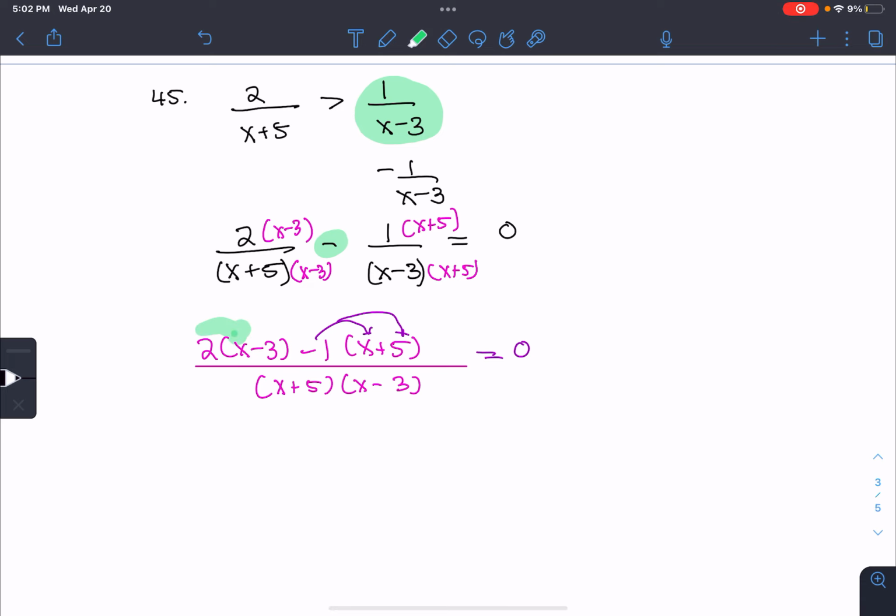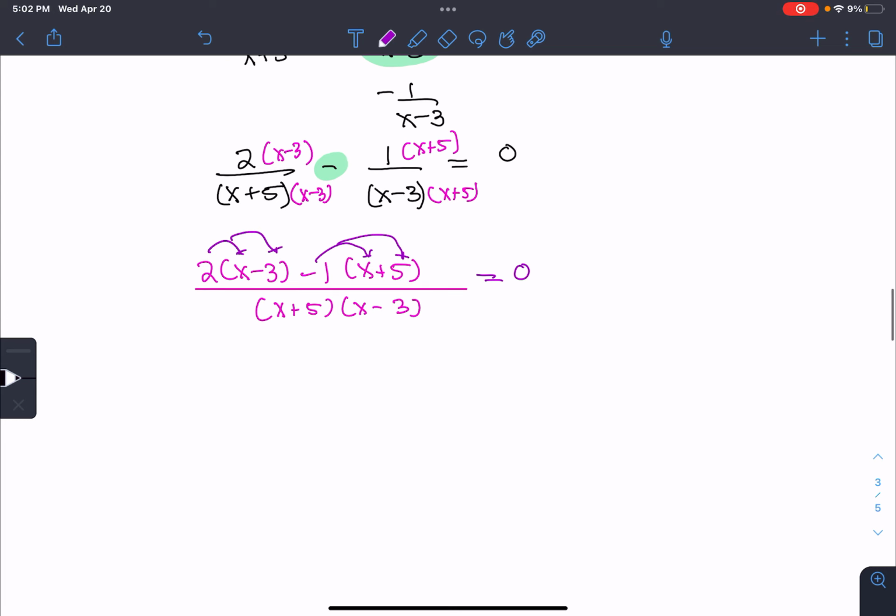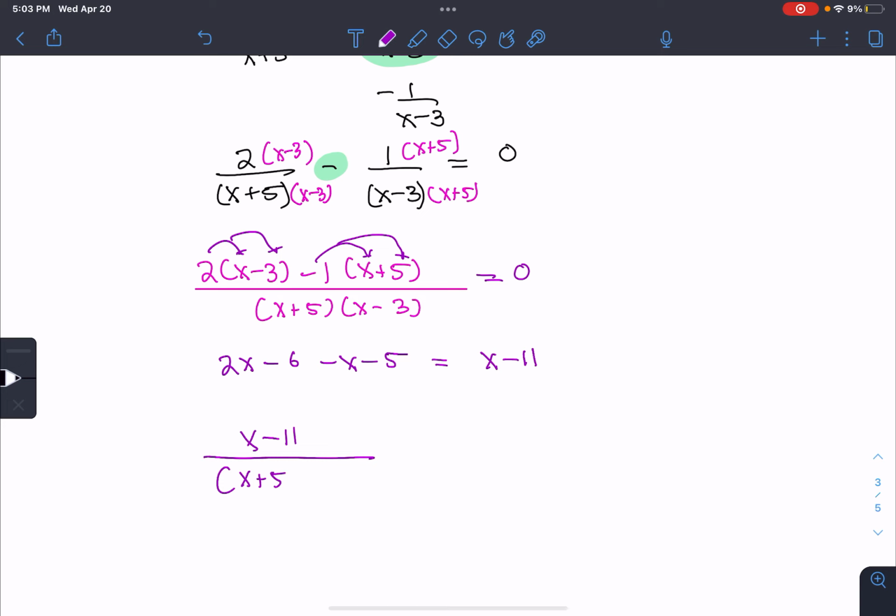So if we evaluate this, everybody, you're going to get 2x minus 6 minus x minus 5, which is x minus 11. So you got x minus 11 over x plus 5 times x minus 3 equals 0.